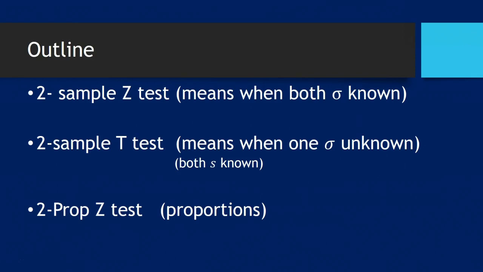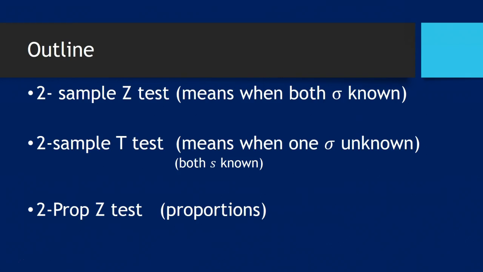Now, z-test: since we have two groups, in order to have a z-test, we're going to have to know both groups' population standard deviations. And in order to have a two-sample t-test, basically, if one of the standard deviations of the populations is unknown, we have to use a t. Let me make that clear, because I wrote that both standard deviations of your sample are known.